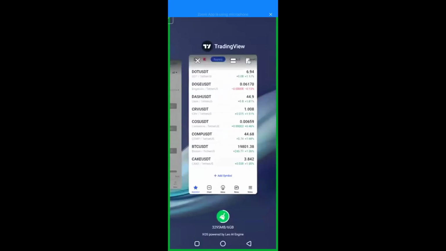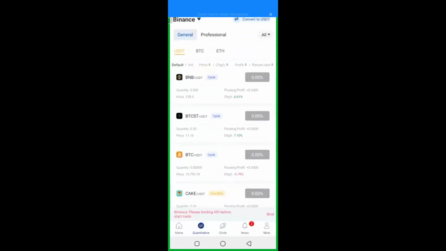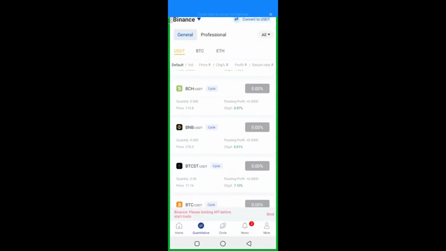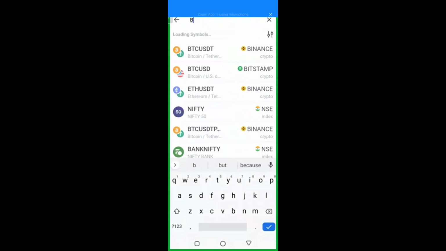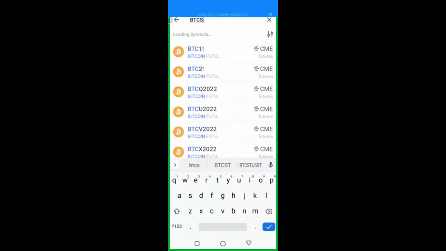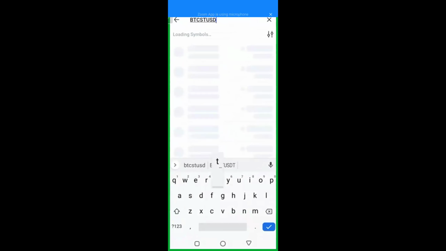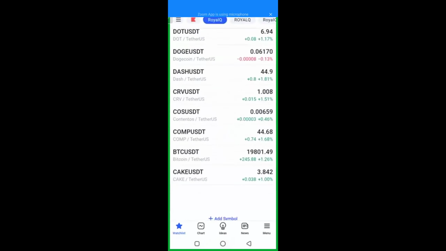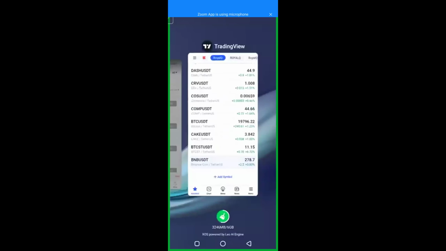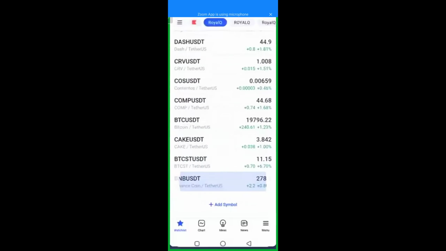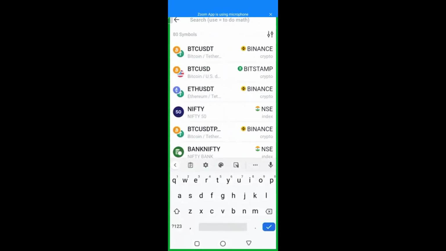All right. We have BTCST, BNB, and BCH. BTCST USDT. We have BNB USDT, and we have BCH USDT.